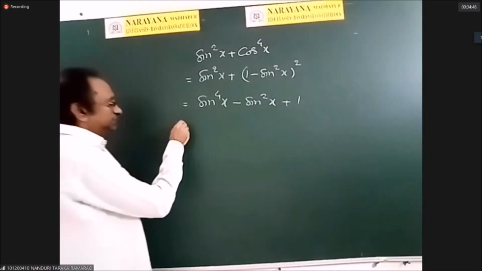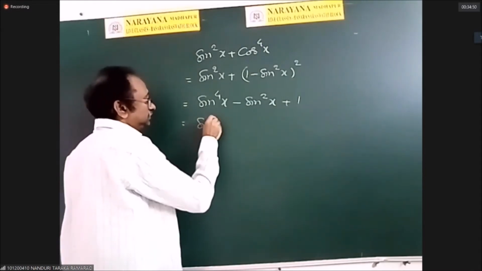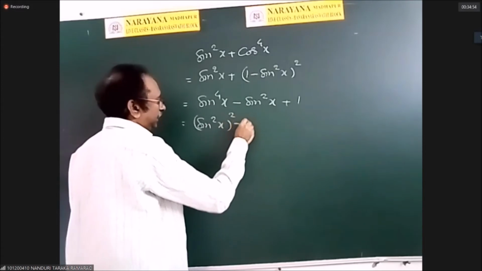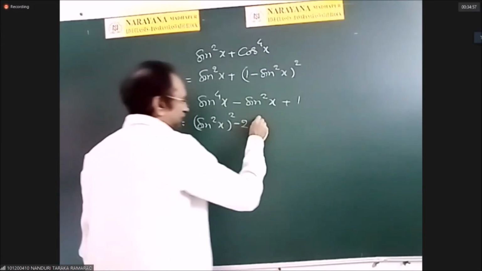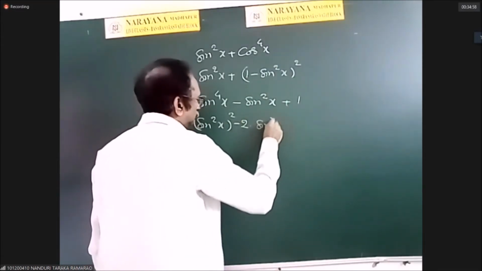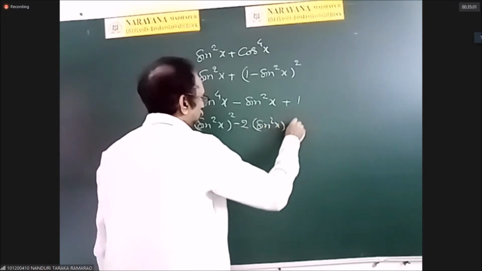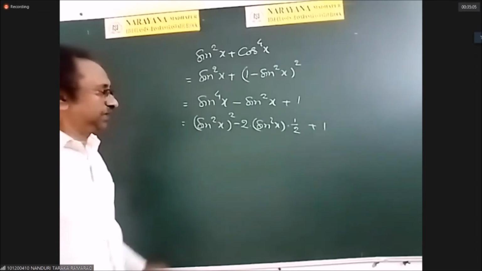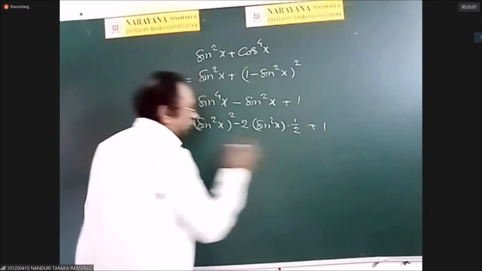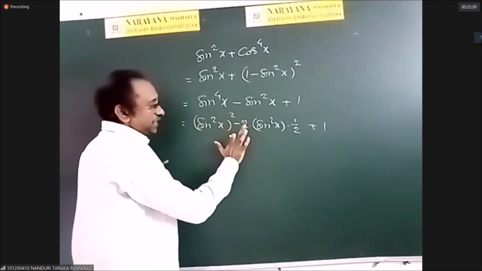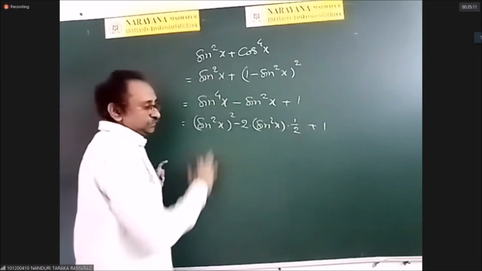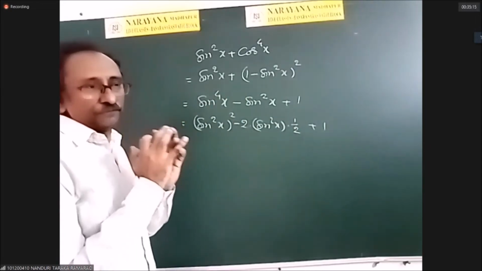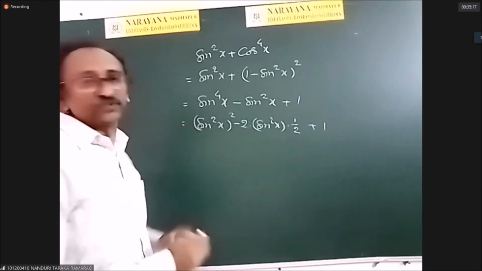Okay, see in the next step, this is sin square x whole square minus 2 into sin square x into 1 by 2. Why have I written this? Now it is of the form a square minus 2ab. So if there is a b square term, we can write it as a minus b whole square.